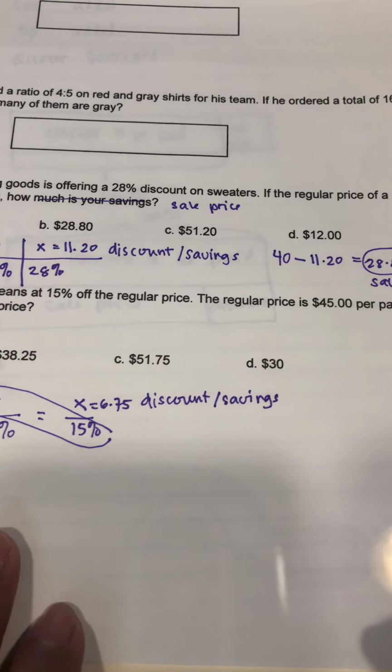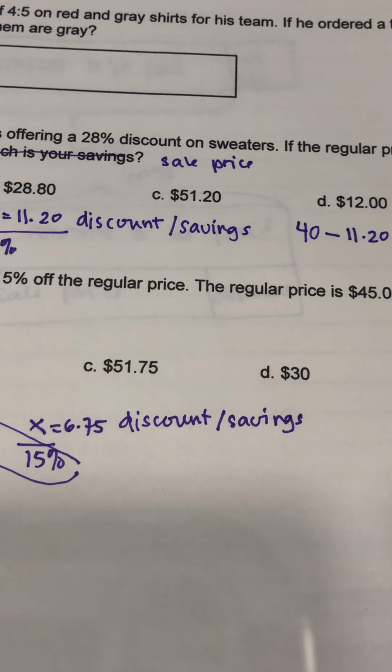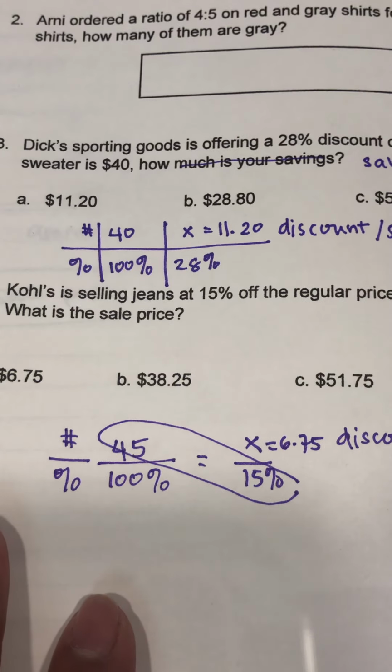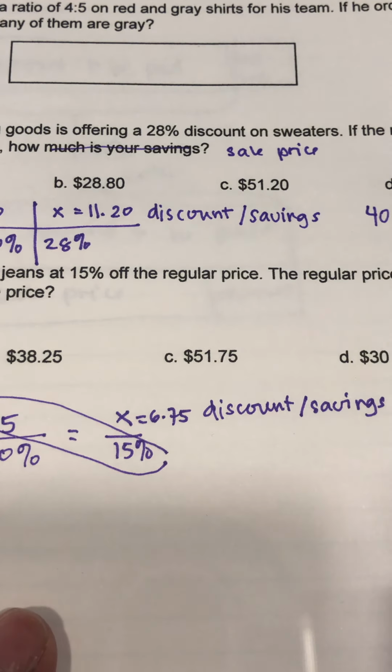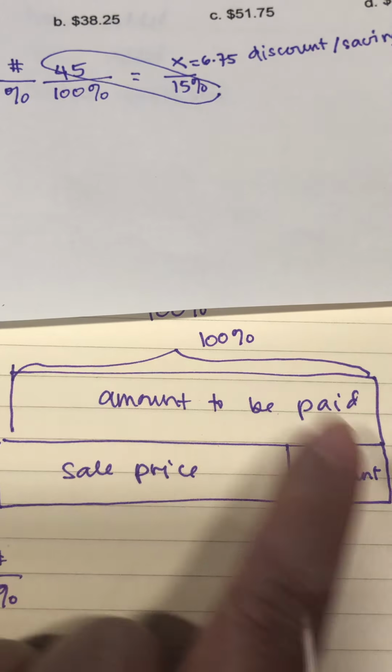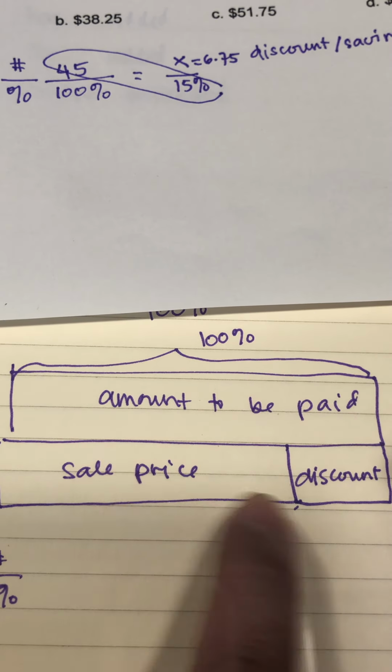Now, but the question is, how much is the sale price? So going back to here, the original price minus your discount, you get your sale price.